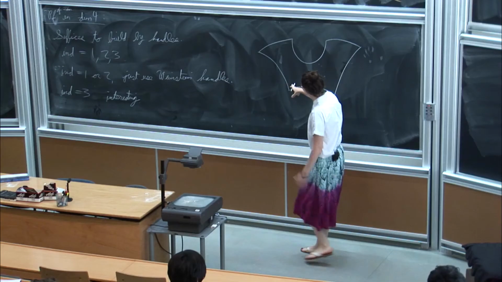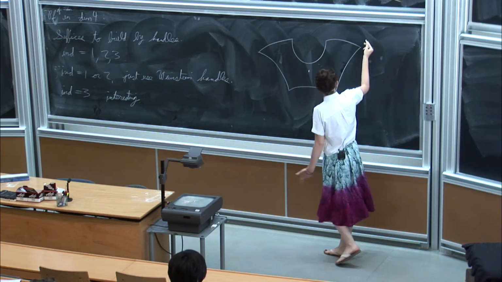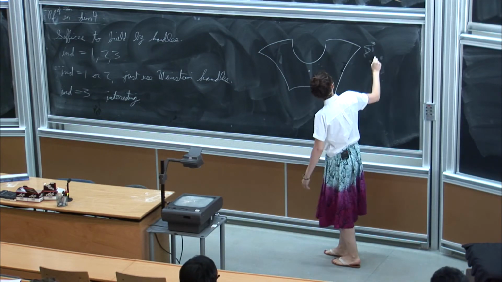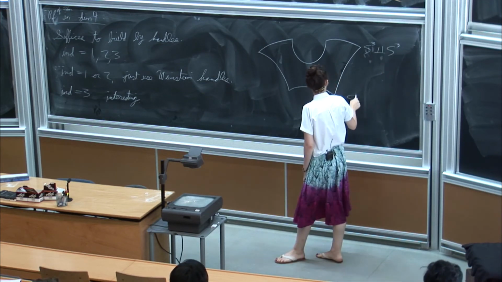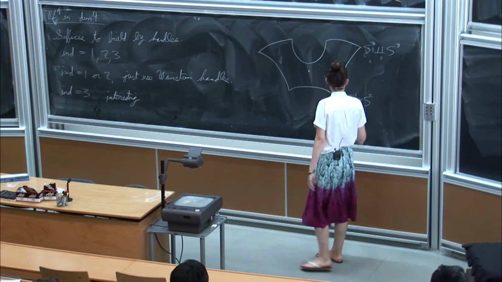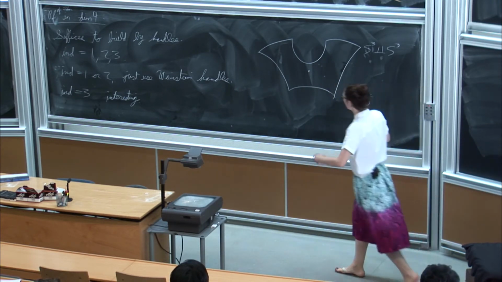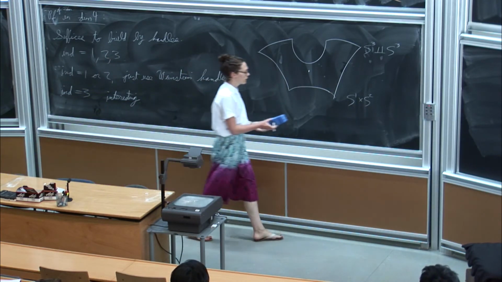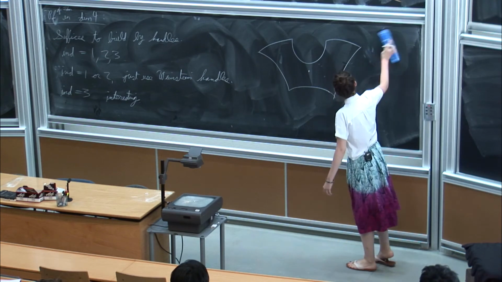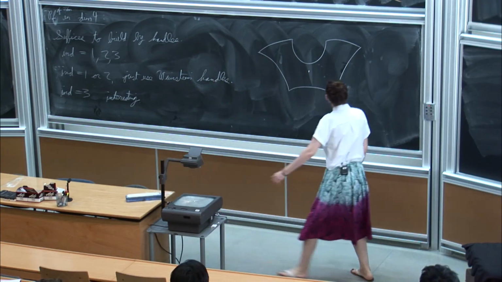So I can think of this as maybe just being 2 S3s, and down here just being like S1 cross S2. So think of this as something with corners, maybe.